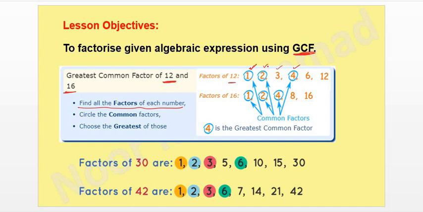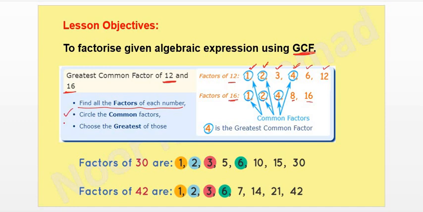So 1 can divide 12, 2 can divide 12, 3, 4, 6 and 12. All these are the factors of 12, or you can say they can divide 12 completely. Then we will make another list of the factors of 16: 1, 2, 4, 8 and 16. All these numbers can divide 16 completely.